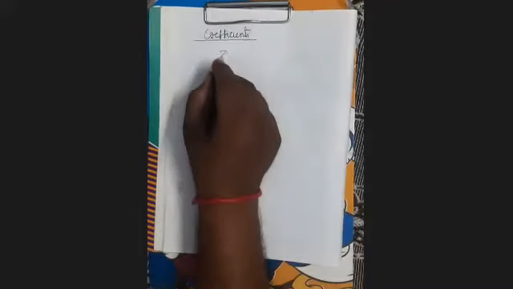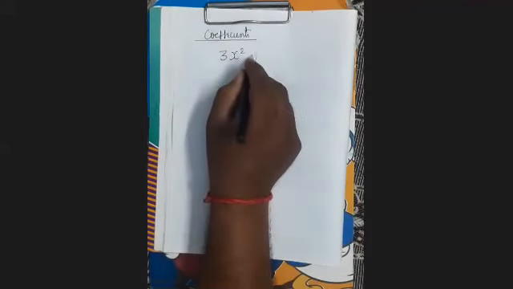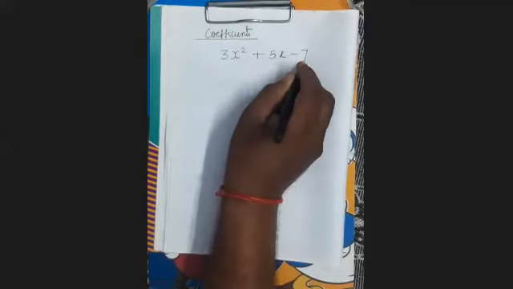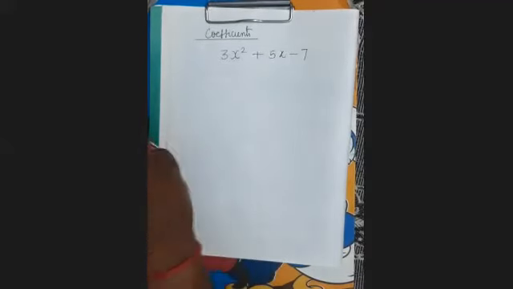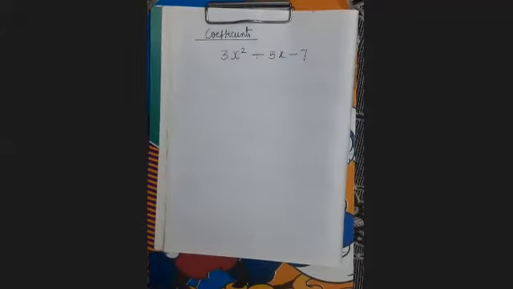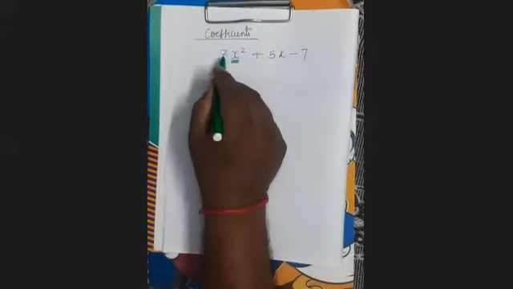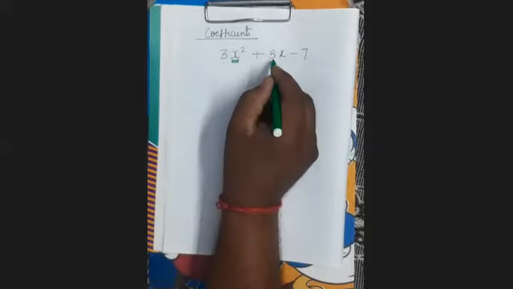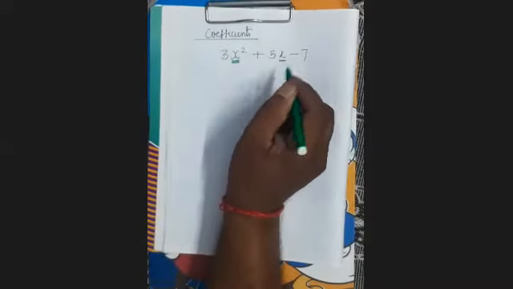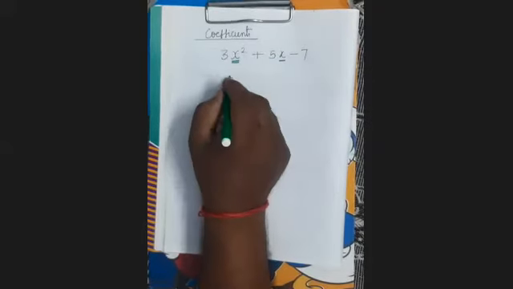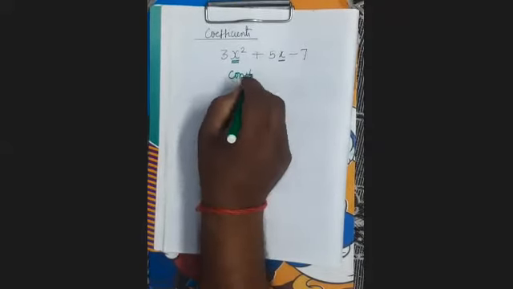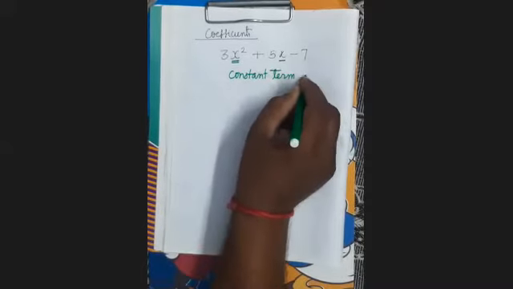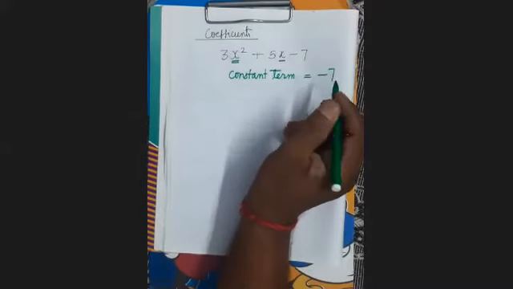For example, here it is written 3x square plus 5x minus 7. If I ask what is the coefficient of x square, it is 3. What is the coefficient of x? It is 5. What is the constant term? Constant term means the term which is free from x. It is minus 7.